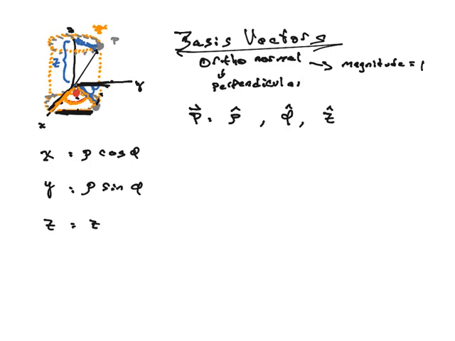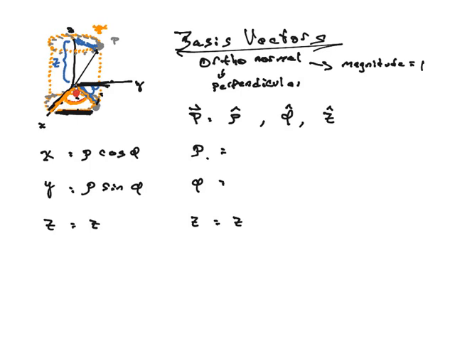If I want to go the other way, what is rho, phi, and z in terms of x, y, and z? Well, of course, z is still z. But how do I find the other ones? Well, rho, that's just the hypotenuse of that triangle. It's the radial distance, the distance radially outward from the origin to the point P. And I already know what that is.